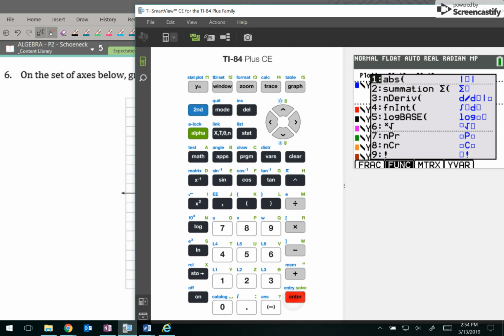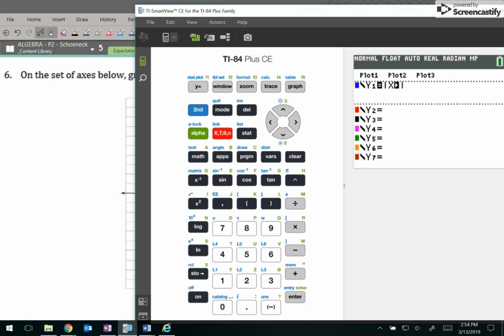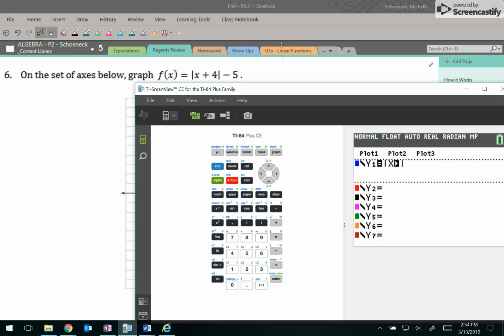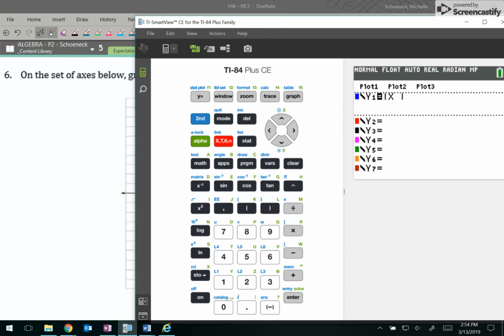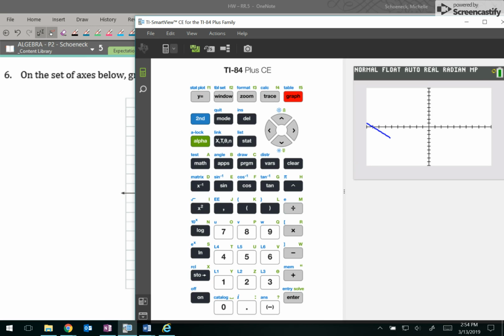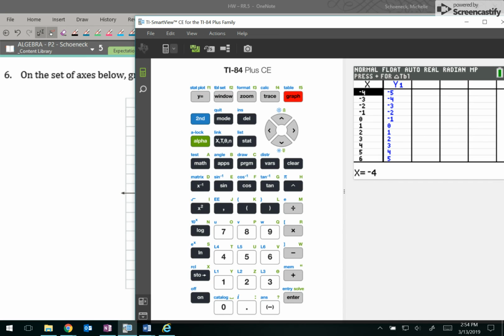And then it was x minus 4. Sorry, x plus 4, and then minus 5. Okay. Take a peek at the graph. Oh, it's a V shape. I see it goes all the way to the end of my grid, so that means I have to put arrows on it.